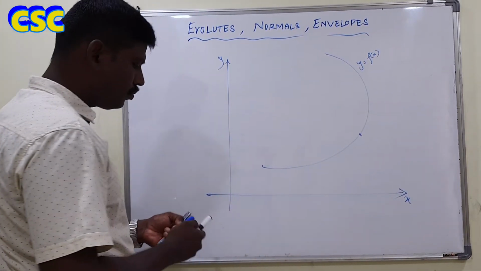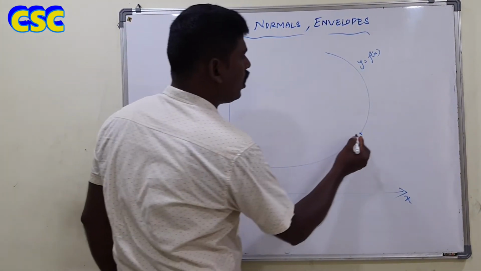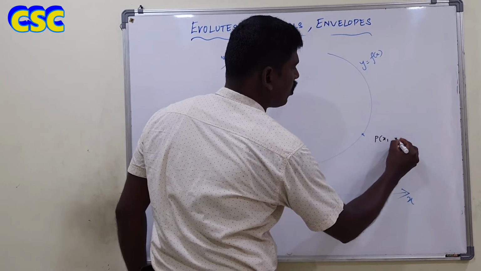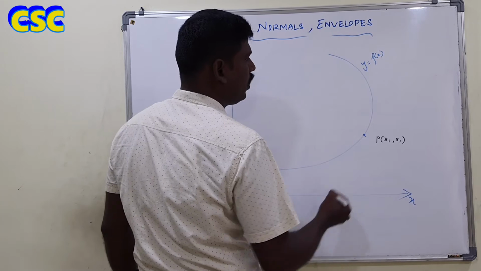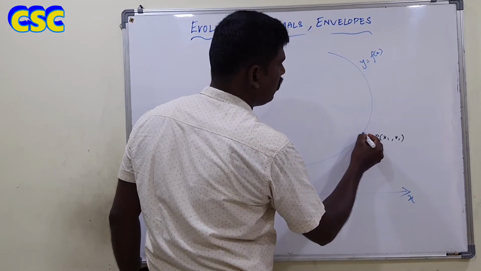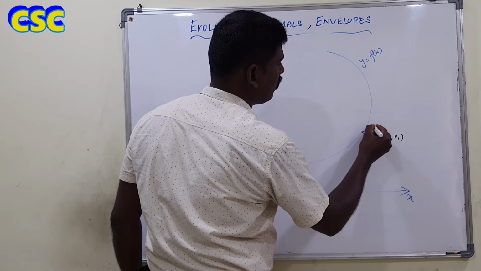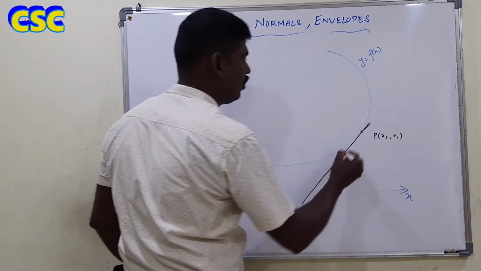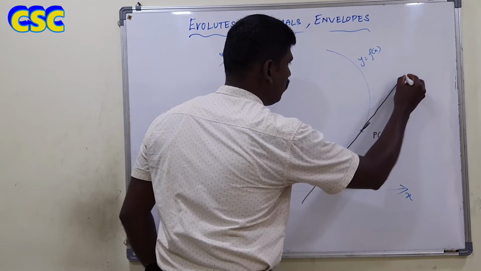Now, how to draw the normal at this point? I am taking this point as P, x1 comma y1. Through the point, I can draw a tangent to the curve.